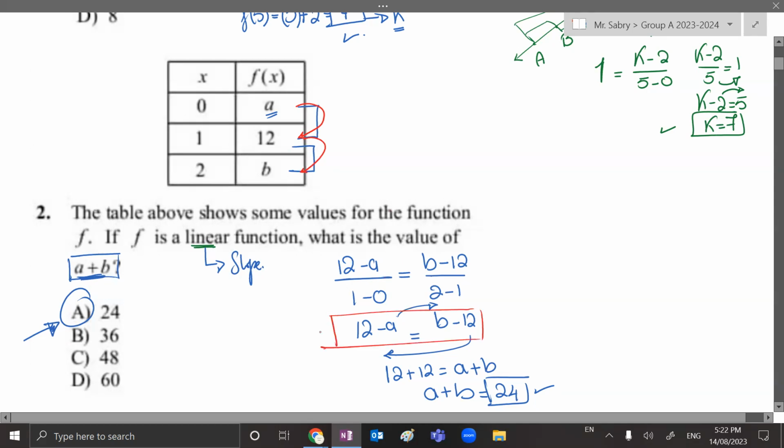In other words, B minus 12 must be exactly equal to the other difference. Now I have an equation, and I can move this here and that there, and I'll have A plus B equals 24 right away, not by assuming that A specifically is 0 and B is 24, because, for example, A could be equal to negative 5.